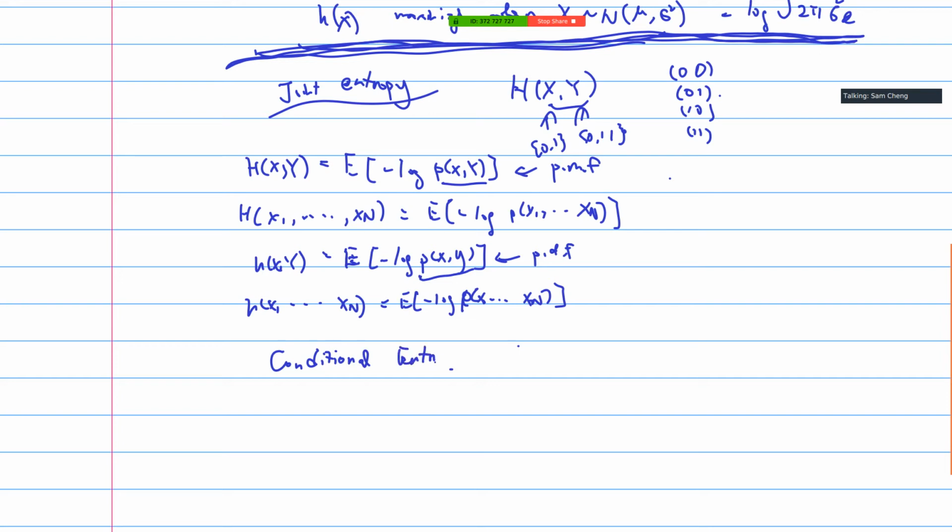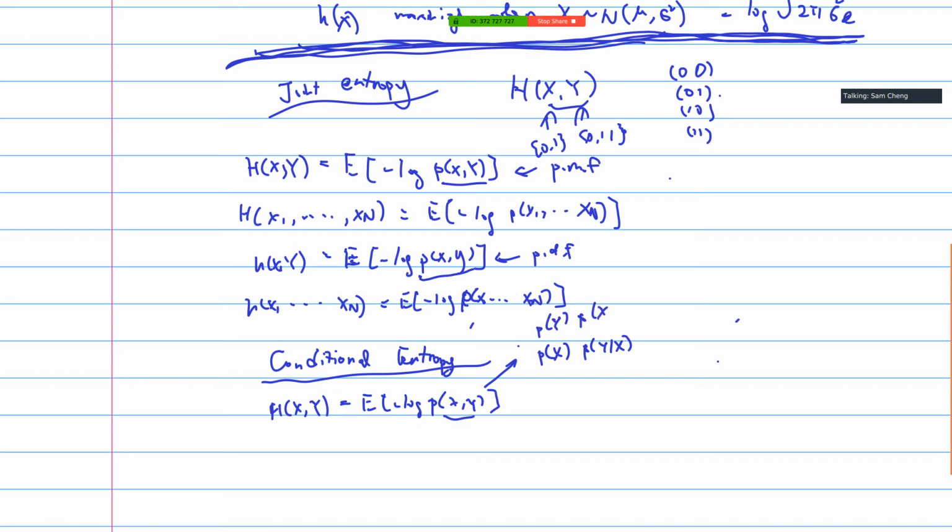Let's say I again have H of xy, as we wrote above, equal to the expectation of minus log p xy. Now I can expand this p xy. By Bayes' rule, it would be p x times p y given x, or I can also write p y times p x given y.